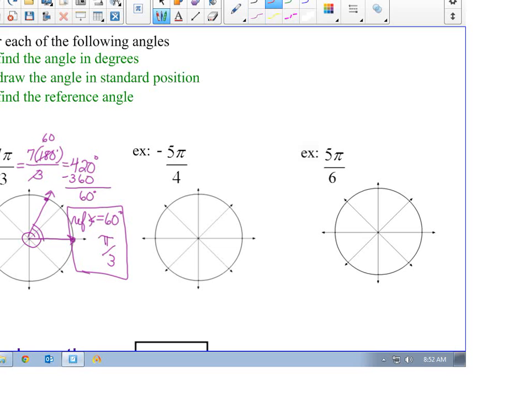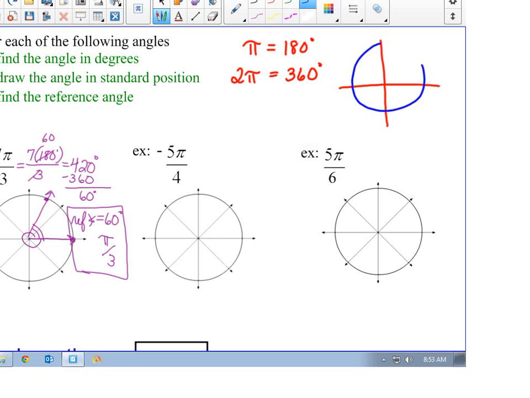Another way to start thinking about this, you saw earlier, we know that pi radians equals 180 degrees, and you saw on the Wikipedia applet that 2 pi is 360 degrees. So all the way around the circle is 360 degrees. So an angle in standard position, swinging all the way around, is also 2 pi radians.